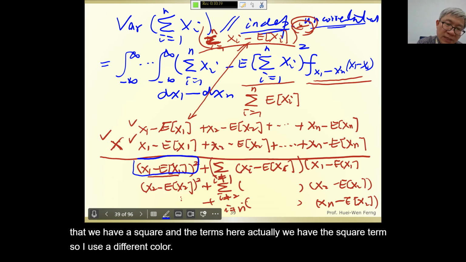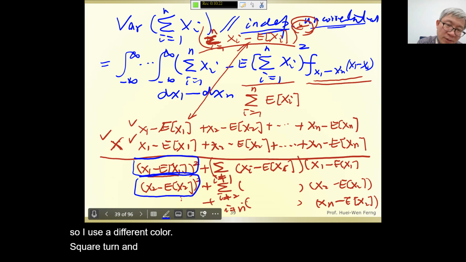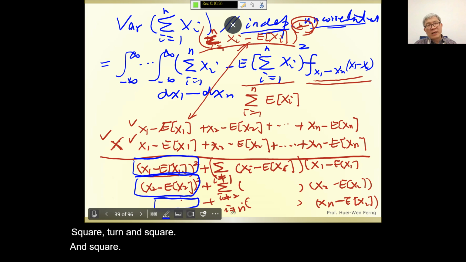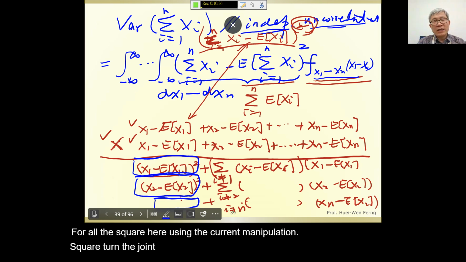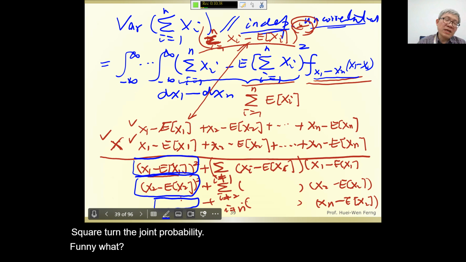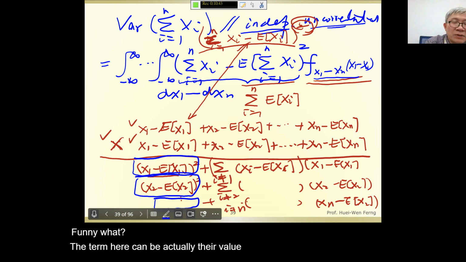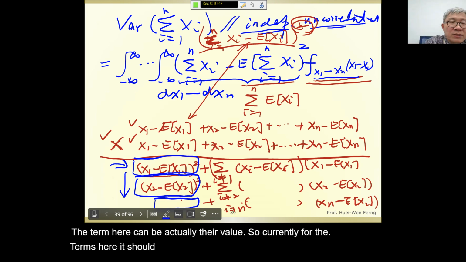For all the squares here, using the current manipulation, the square terms with the joint probability, finally, what the terms here can be, actually they are variances. So for these terms, it should be variance.